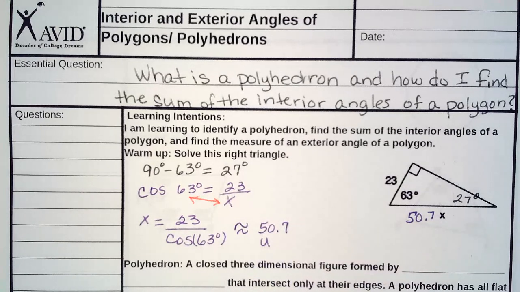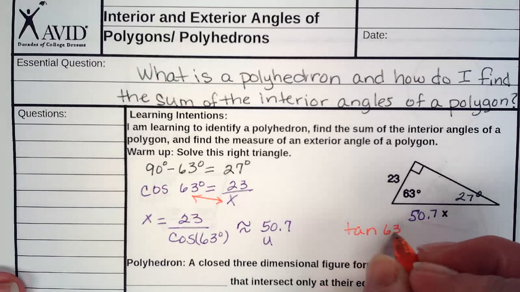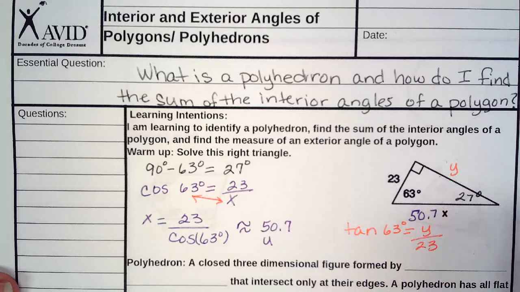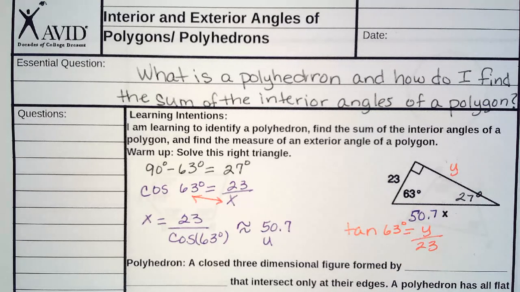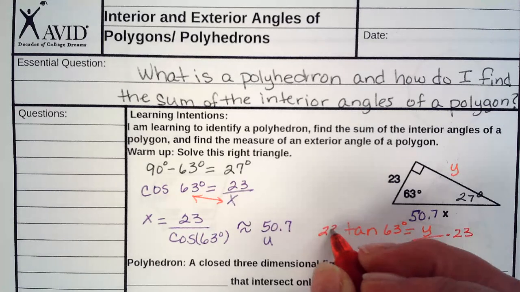Okay, now, using 63, if we want the opposite side and we know the adjacent, opposite and adjacent, what do we use? We use the tangent. So the tangent of 63 degrees is equal to, I'm going to use y for this one, y over 23. Well, this time, because the 23 is at the bottom, we're going to multiply both sides by 23.